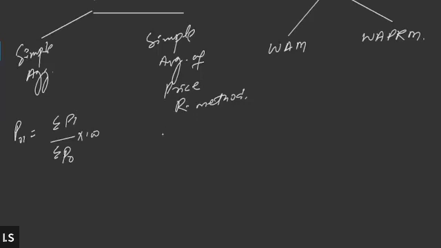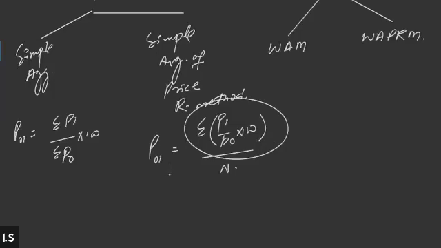And simple average of price relative method uses this formula: sigma P1/P0 into 100, and then we divide this entire numerator part by the number of items. This numerator section of the formula is called the price relative.